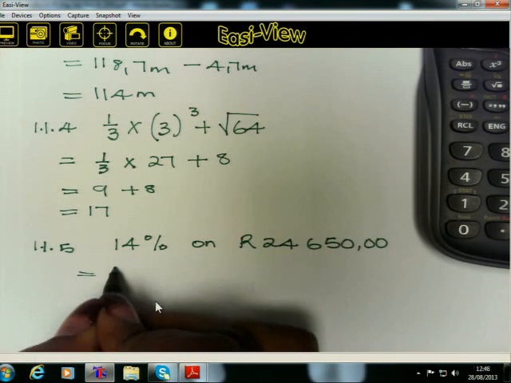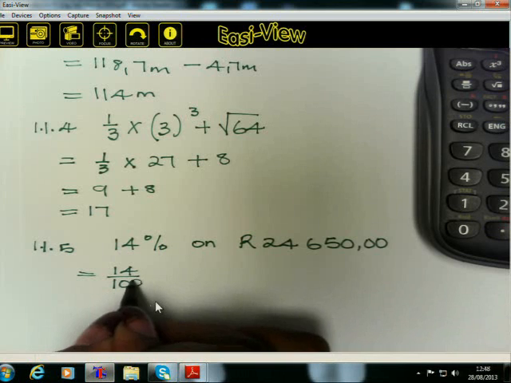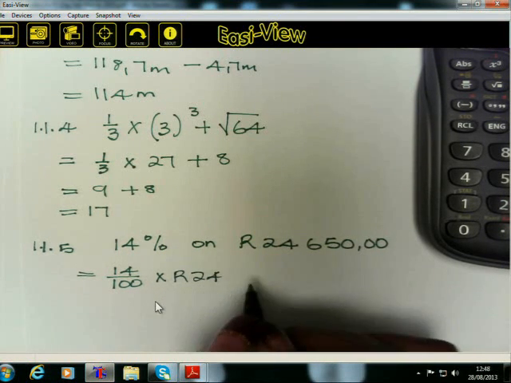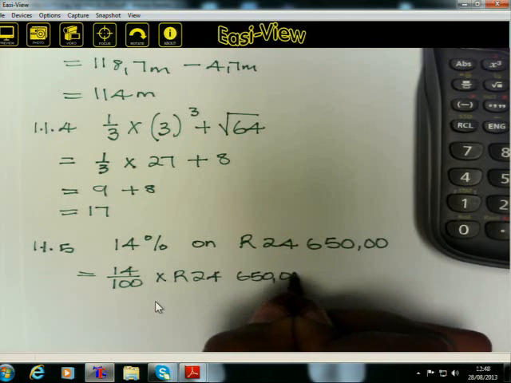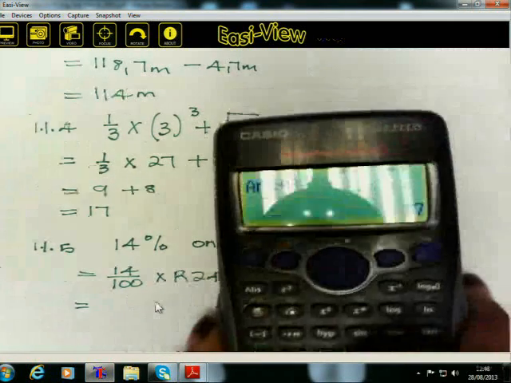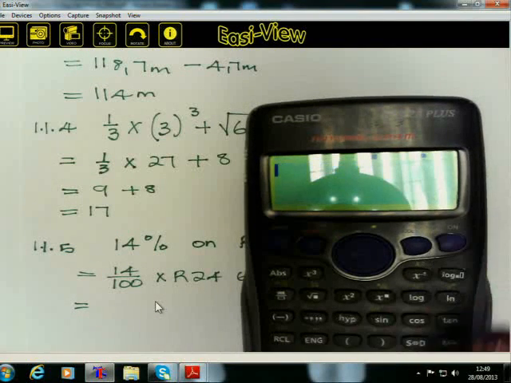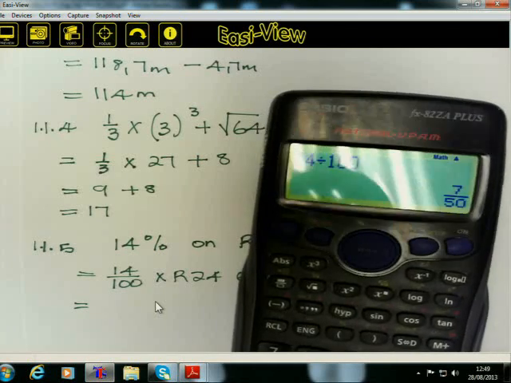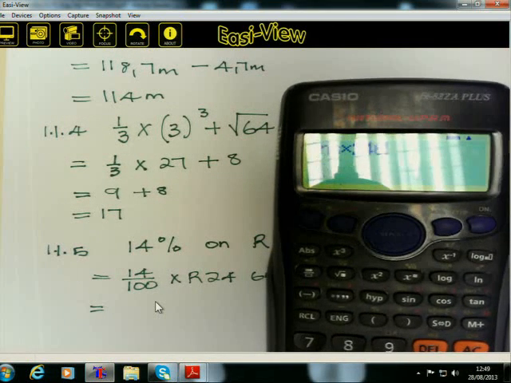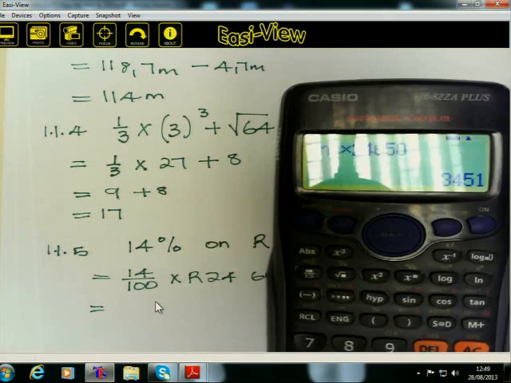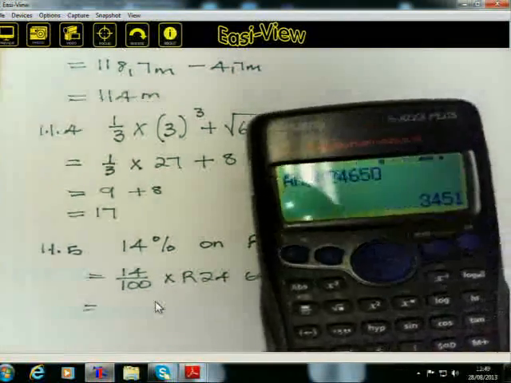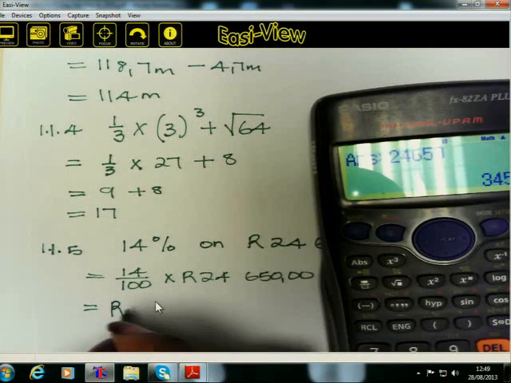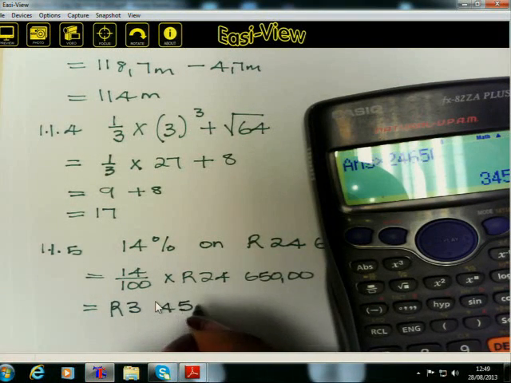So we will put the 14 over 100, because that is how we calculate our percentage. We multiply it by 24,650. We go to our calculator. Our answer gives us 3,451.